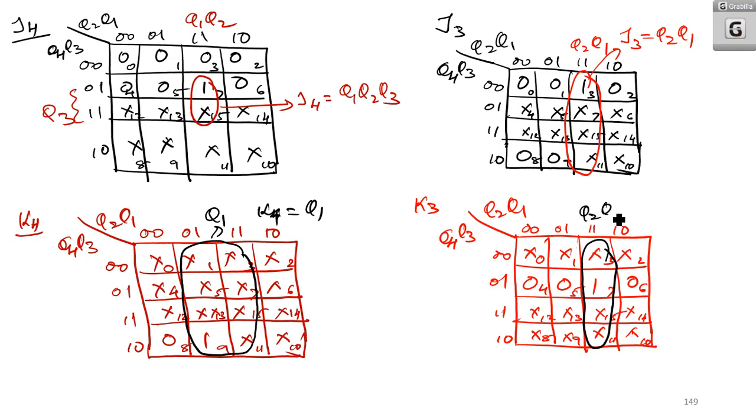Q2, Q1. Therefore K3 is also equal to Q2 Q1, so we can see that J3 is equal to K3. Now coming to J2 and K2, that is the next part.